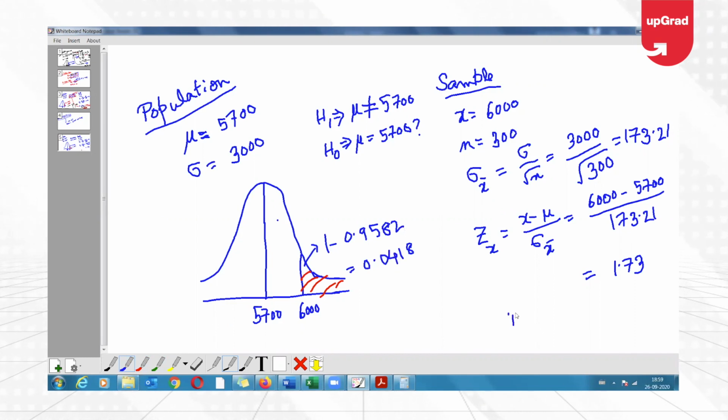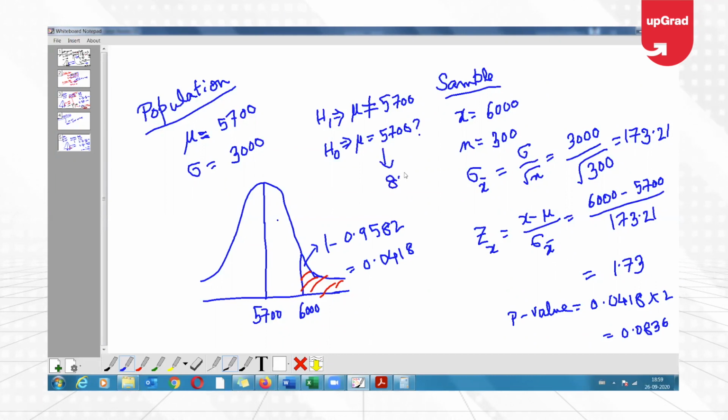So my p-value is 0.0418 into 2, which is 0.0836, which means the chances of this being true is 8.36%.